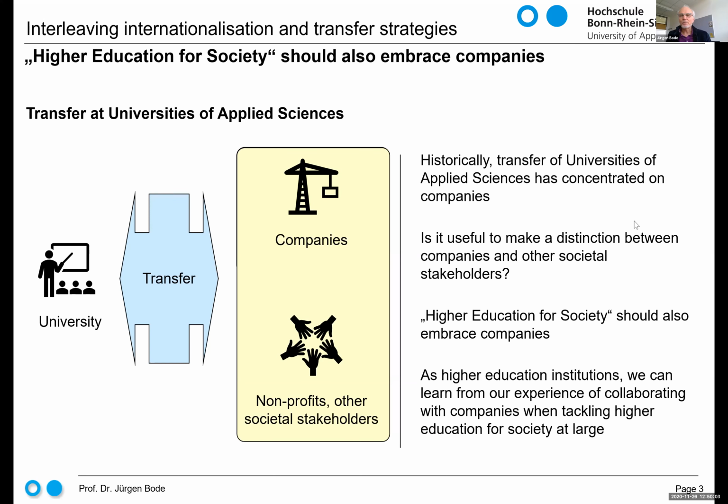I believe higher education for society should also embrace companies. Companies play an important role in society. Companies' job is to distribute resources and products into society among consumers to fulfill demand. And so there is, for our purpose, no reason to make a distinction.